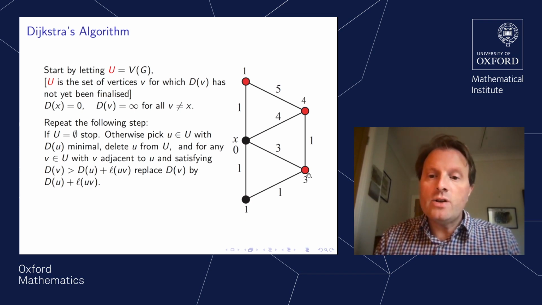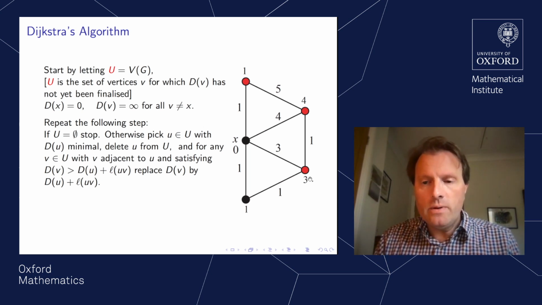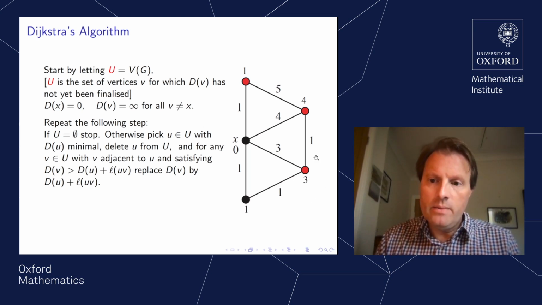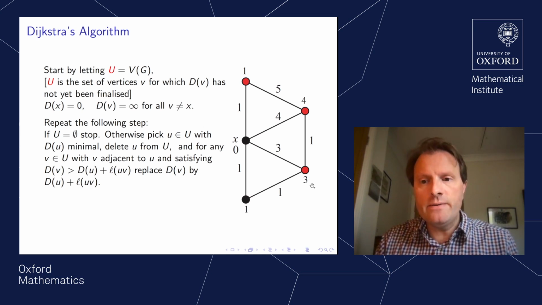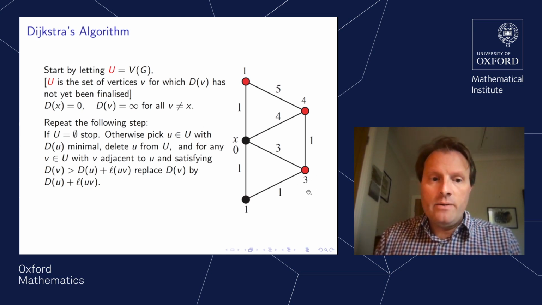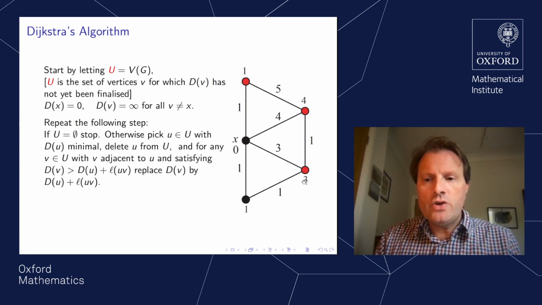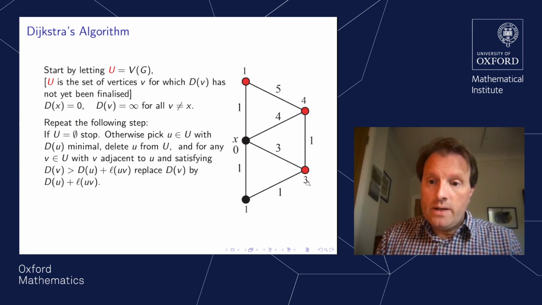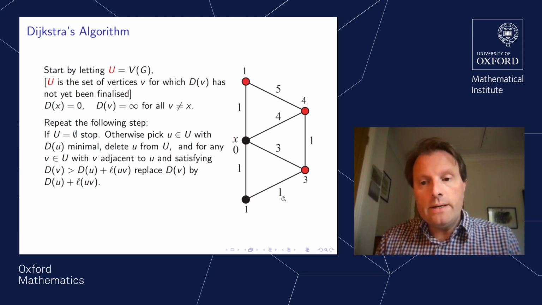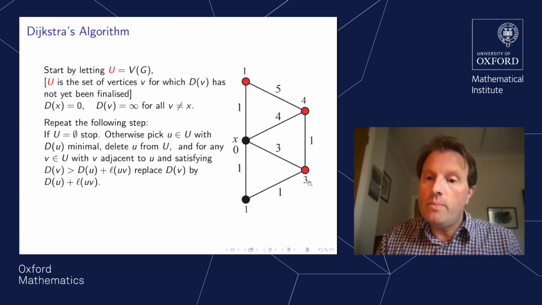And then we look at all of its neighbours that are in U. In this case, there's just the one of them, this vertex here. And we ask ourselves, is the d value of that vertex v strictly greater than the d value of u plus the length of the edge uv? Yes, it is, because 3 is greater than 1 plus 1. So we should replace this 3 by a 2.